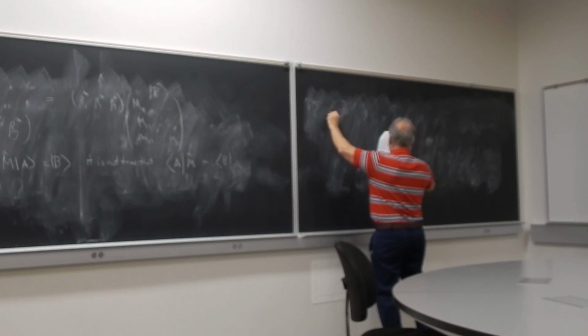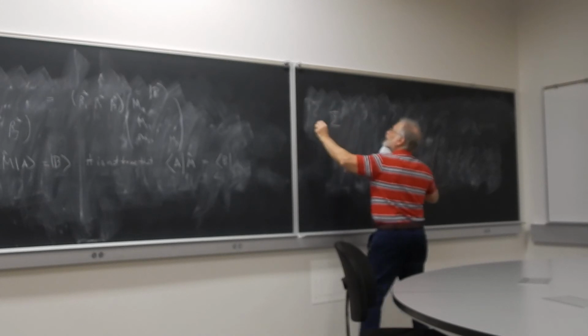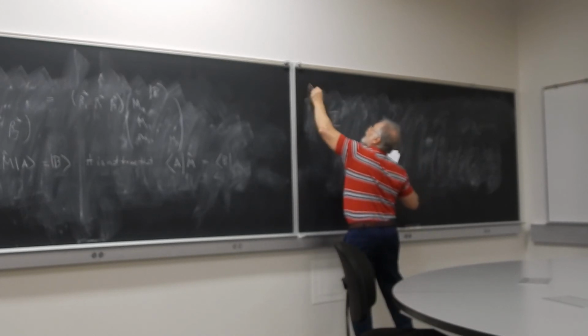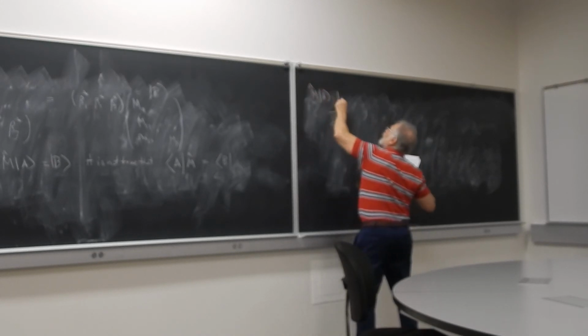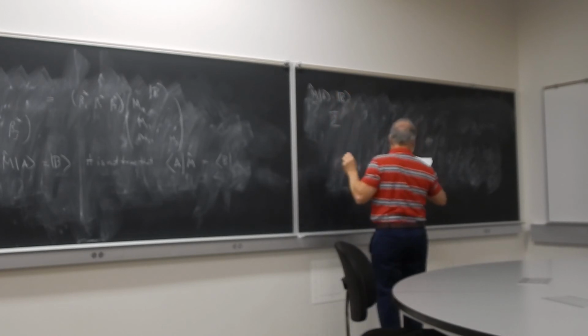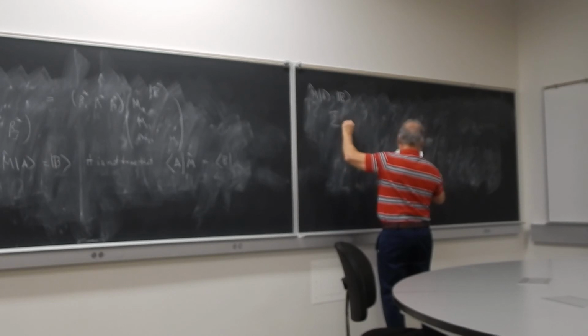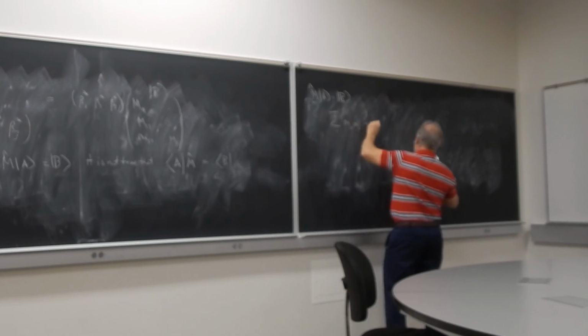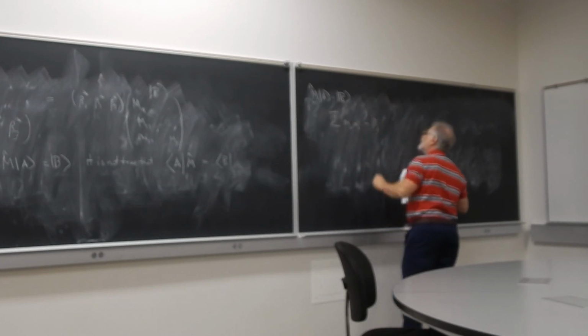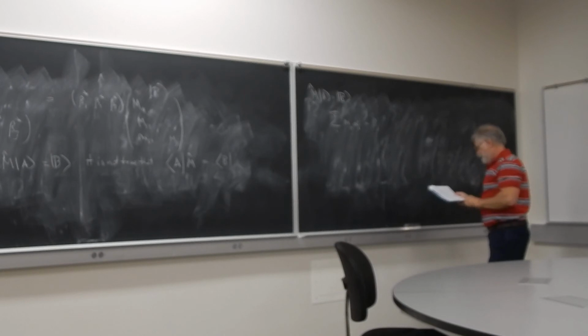Let's look at it this way. If I write M A equals B, in component notation, I can write that as the sum over i of M_ji alpha_i is equal to beta_j.